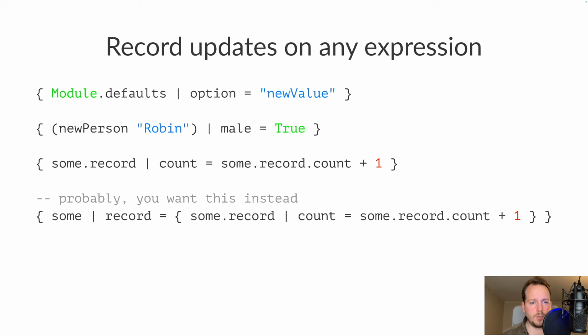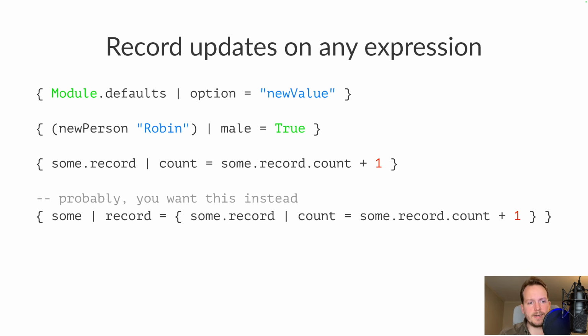In Elm, you could not perform record updates on any expression other than a variable reference, while in Gren, you can perform a record update on any legal expression, including function calls, nested record references, and even records and qualified references.